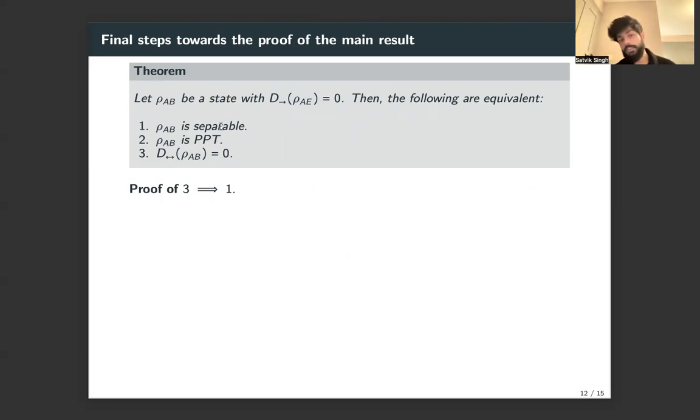Basically, the separability of the original state becomes equivalent to the PPT property of the state, which is further equivalent to its two-way undistillability. And the way to prove it is, first of all, to observe that 1 implies 2 and 2 implies 3. The forward implications are trivial to prove. So we just need to prove that 3 implies 1.